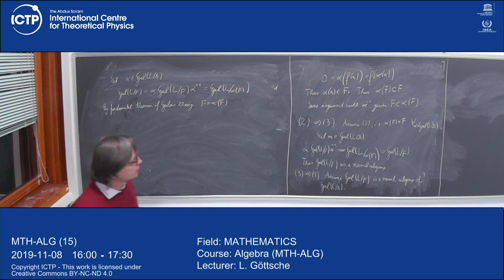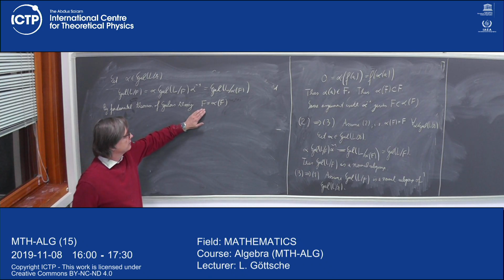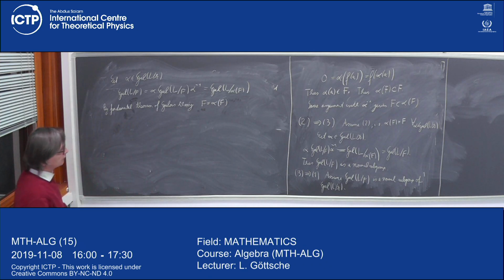Now we want to deduce from this that the field F is normal over K. So we have to show that the minimum polynomial for any element splits.